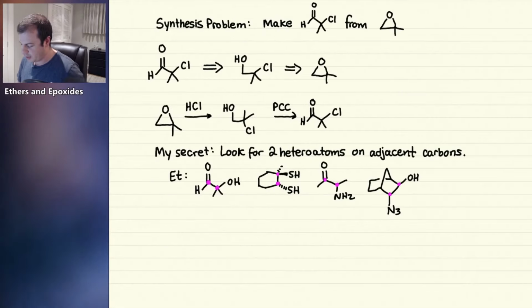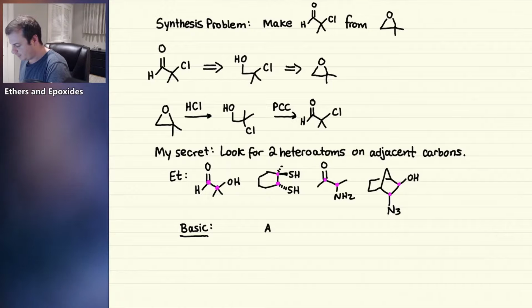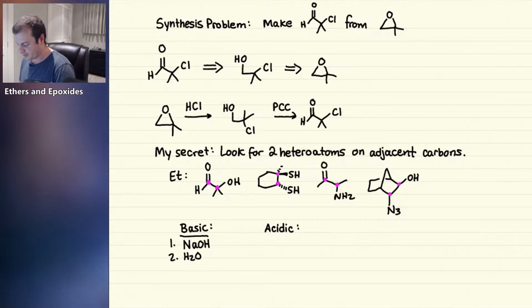For example, if you wanted to open an epoxide under basic conditions with OH versus acidic conditions with OH, you would use NaOH to open an epoxide with basic conditions. So that would be step 1 NaOH, step 2 H2O for the workup. Whereas in acidic conditions, you would do H2SO4 and water.